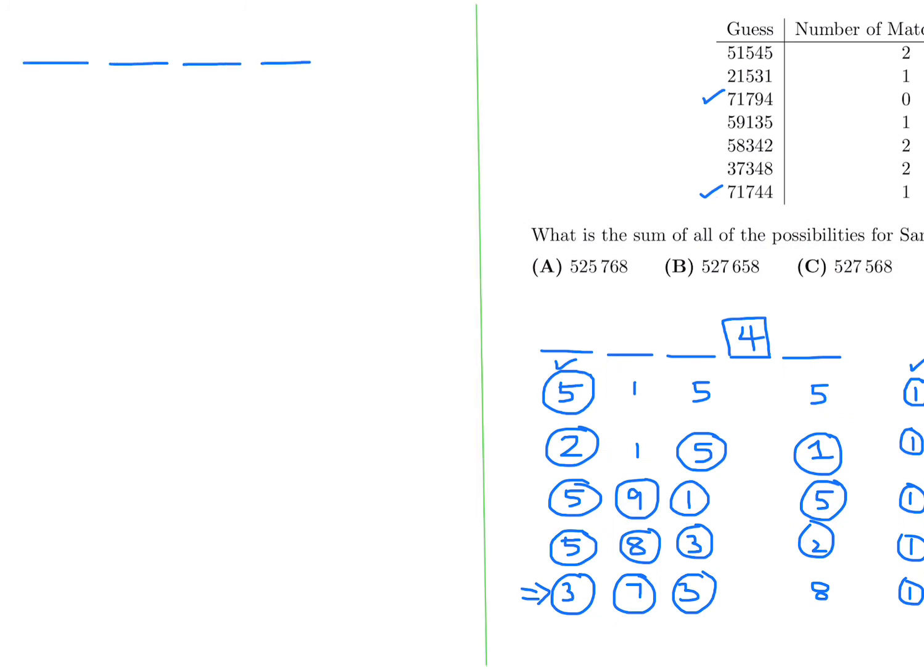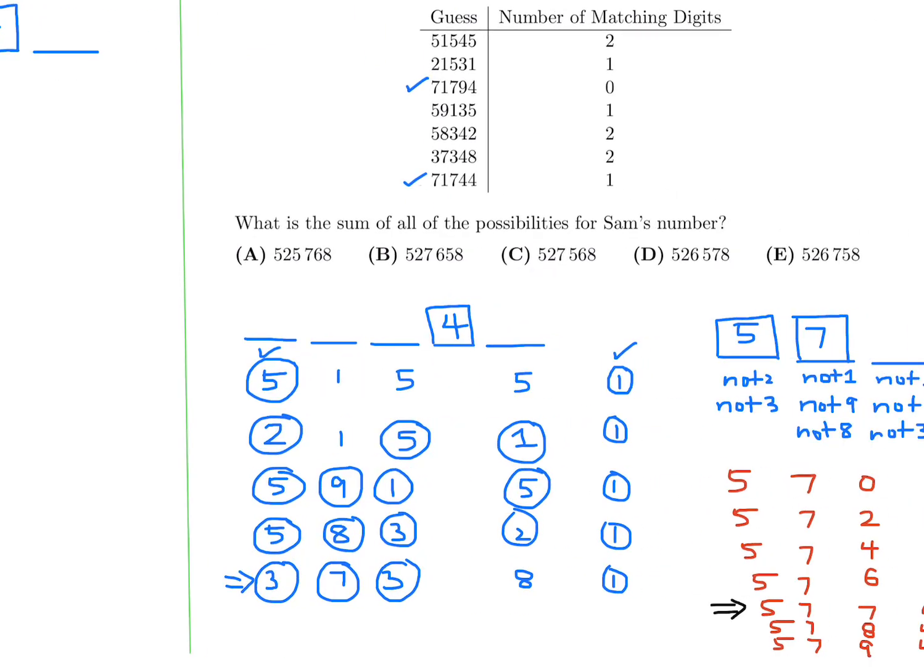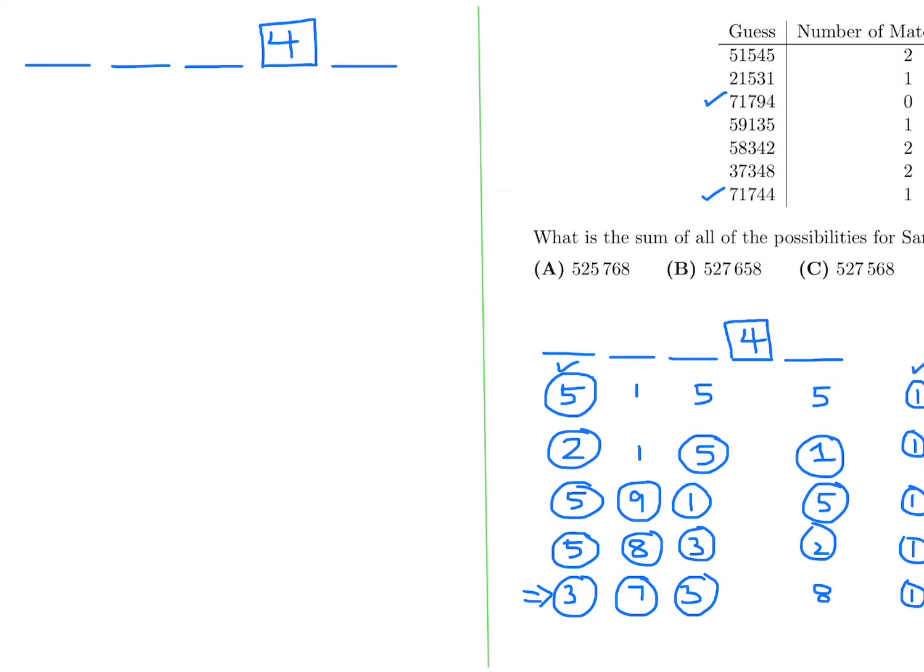So we're going to proceed in pretty much the same way. We have already established that 4 must be that fourth digit. So now, just as before, we're going to go and see what we get for everything else. Just how we did over here. So we've got 5. Remember, the second digit cannot be a 1 according to this guy right there, so I'm just going to skip over that. 5 and 5, and only one of those is correct.